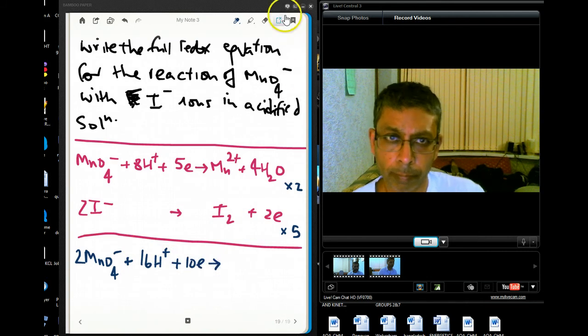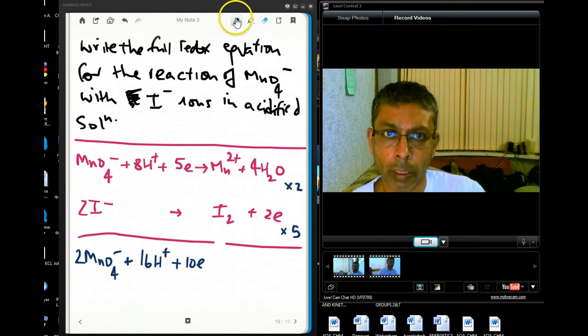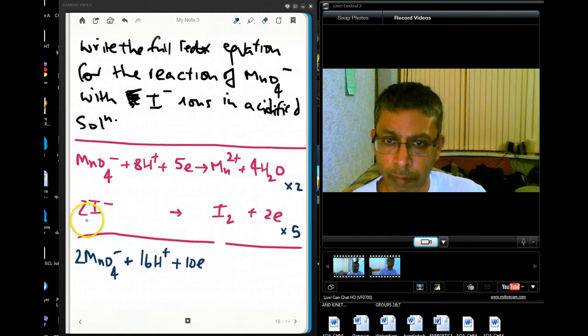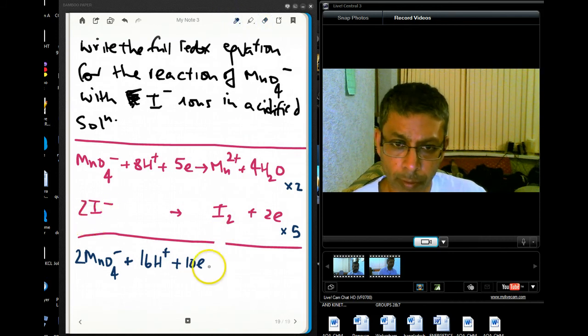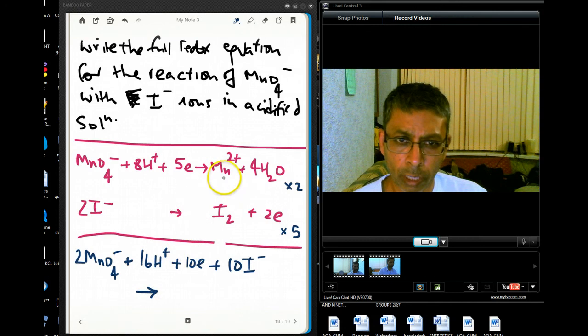Okay. Oh, I forgot the iodide. Okay, and 5 times this, that's 10 I minus. Okay, just going to write it down here. The right hand side, 2 times that and 2 times that.